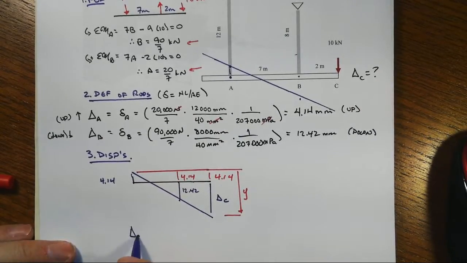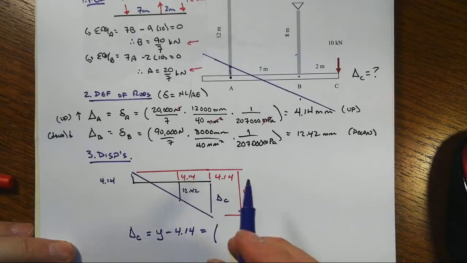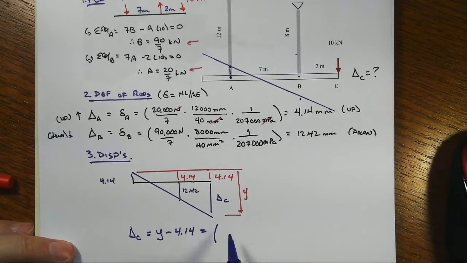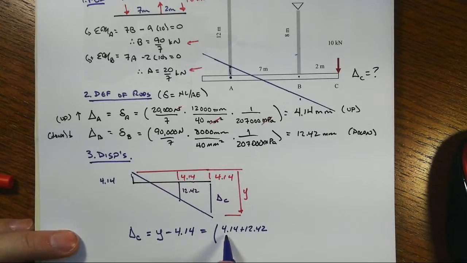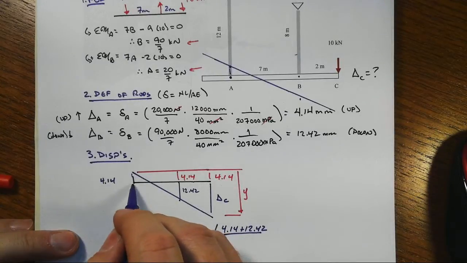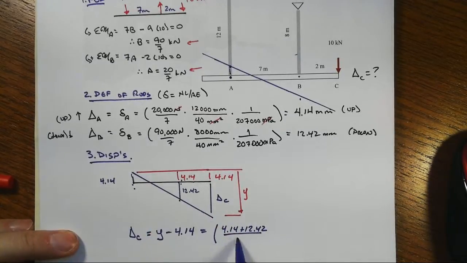So delta C is just going to be equal to y minus the 4.14, and the y value is going to be this proportionality. You've got that total height, which is 4.14 plus 12.42, is to 7 meters, because that's 7 from here to there, and then it grows by 9.